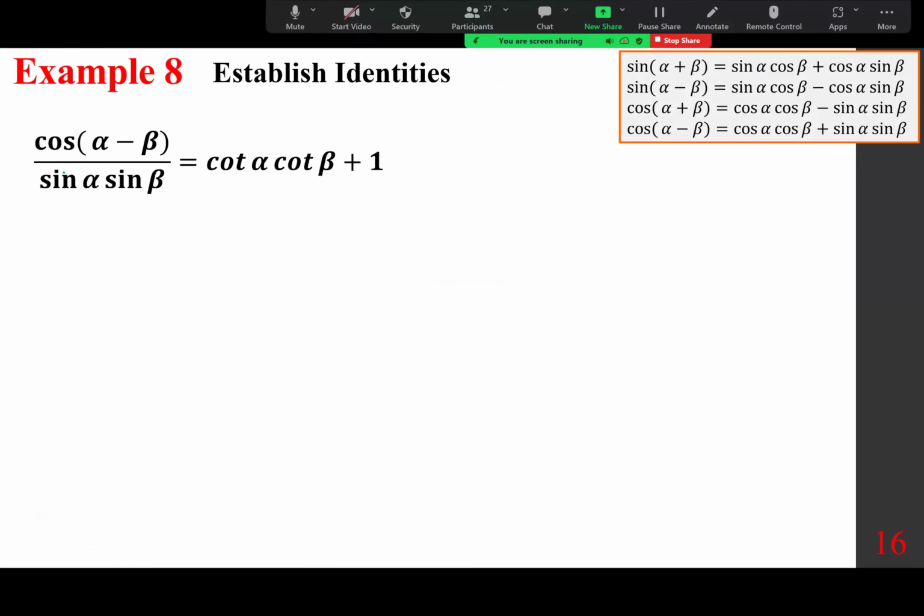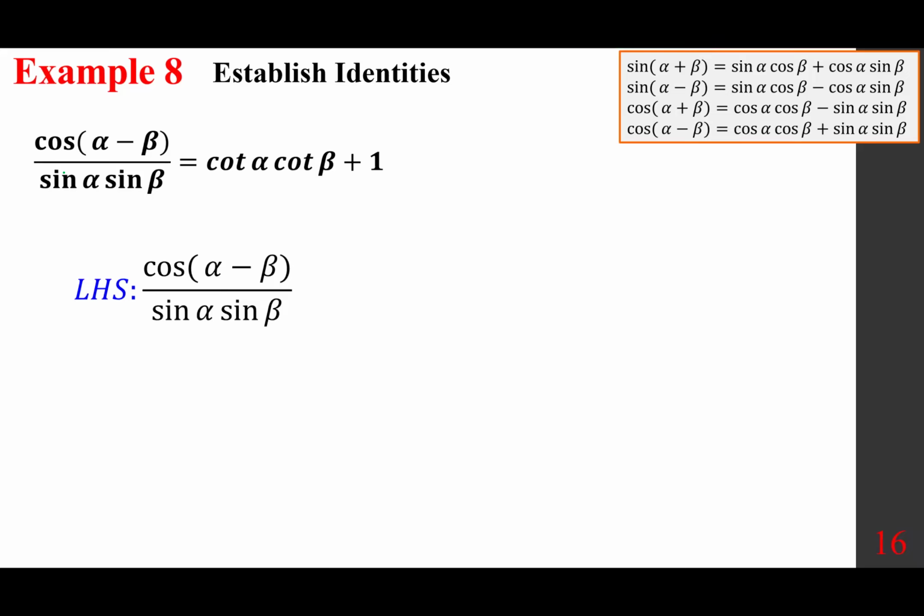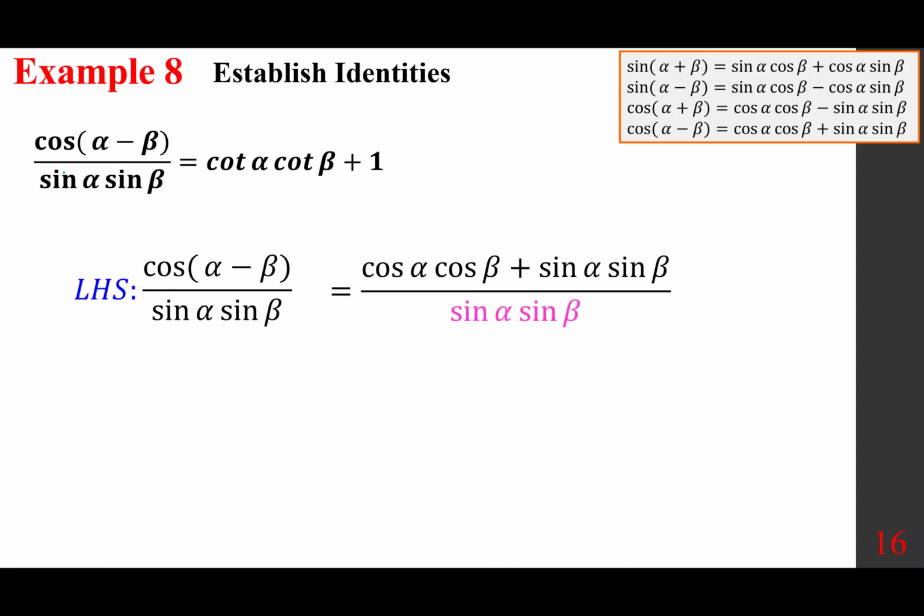Cosine of alpha minus beta over sine of alpha sine of beta is cotangent alpha cotangent beta plus 1. You start from one side. Let's start with the left-hand side. Now, cosine of alpha minus beta will be expanding to cosine alpha cosine beta plus sine alpha sine beta. Don't do anything to the denominator. Now make up two fractions.